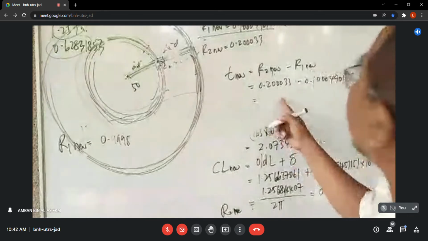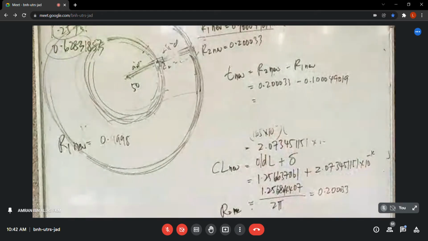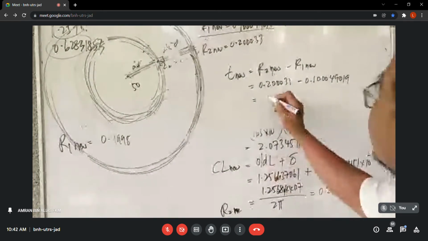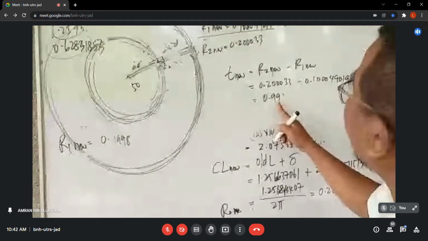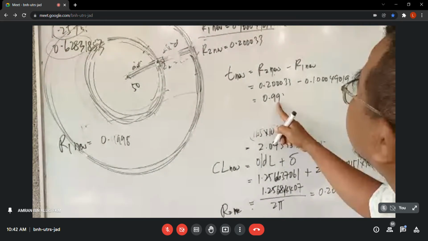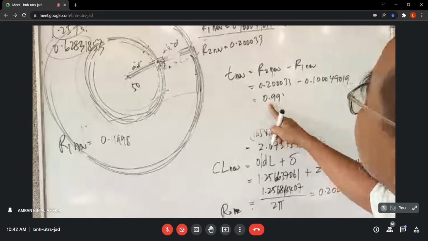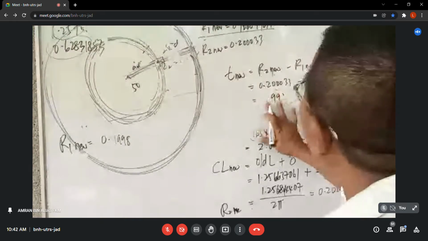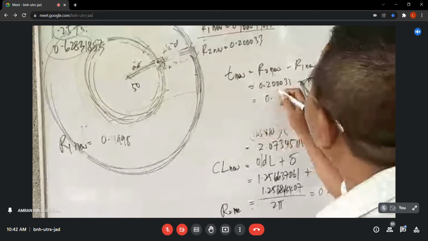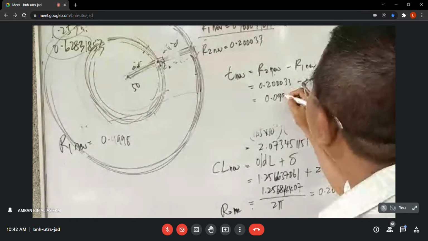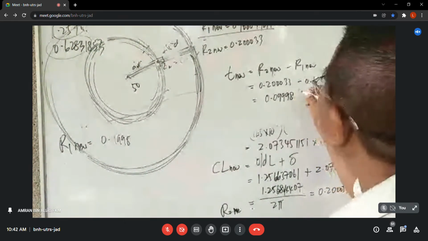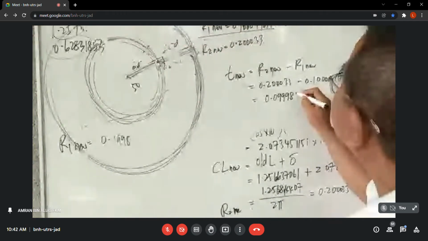So what is the value there? 0.09998, 3981.